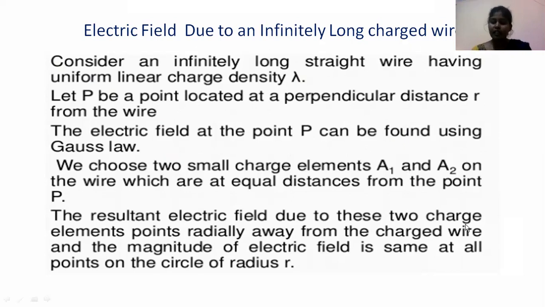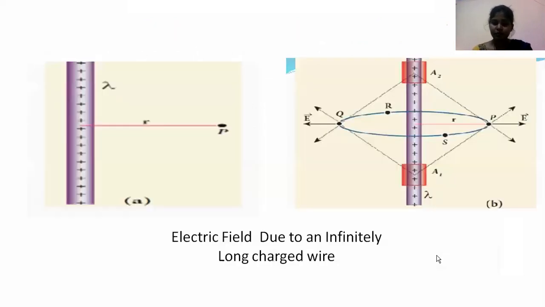So to find the electric field at point P due to this infinitely long charged wire, if you just stand at point P and look on either side of this wire, it looks the same.